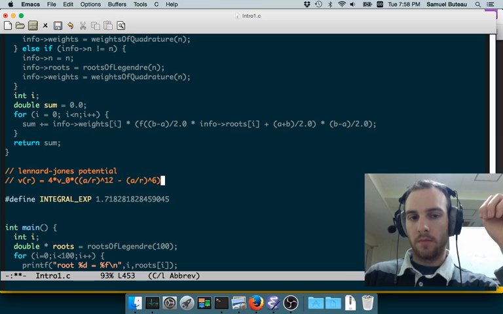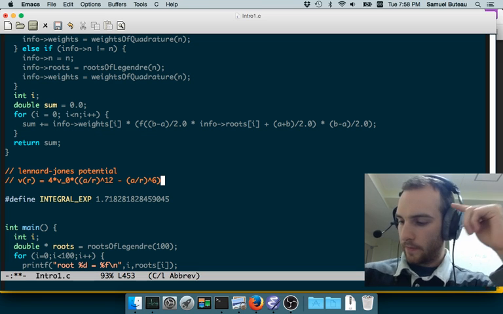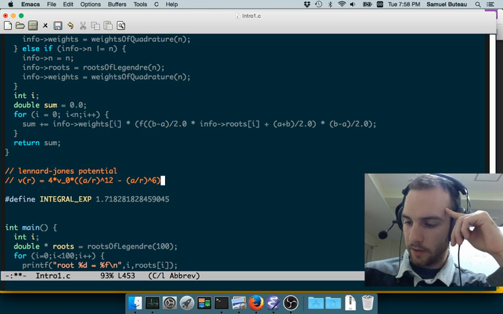Around this minimum, the nuclei may oscillate. The goal of this exercise is to study the vibrational energy levels of the nuclei. In principle, these energy levels, En, are given by Schrödinger's equation.